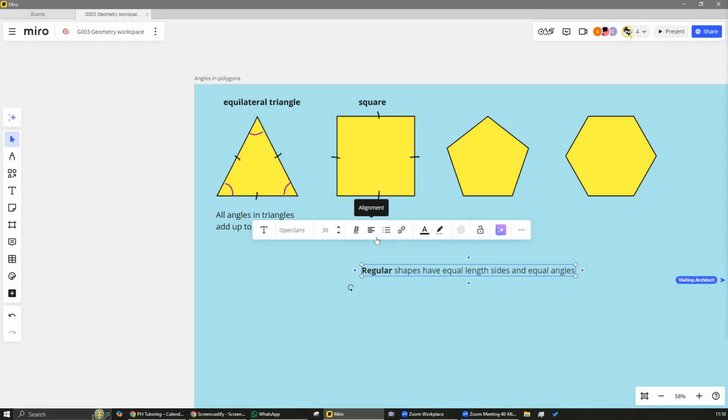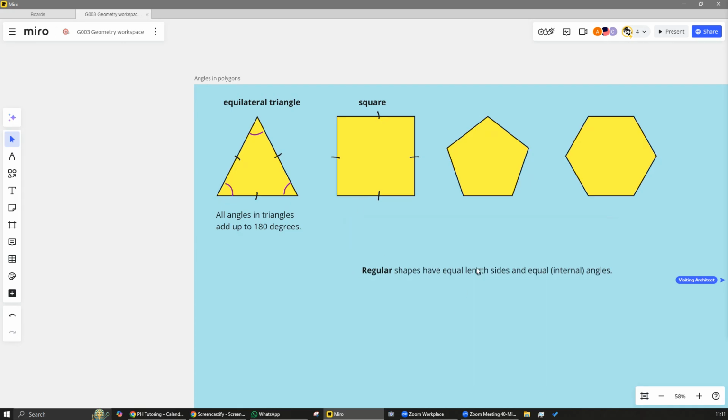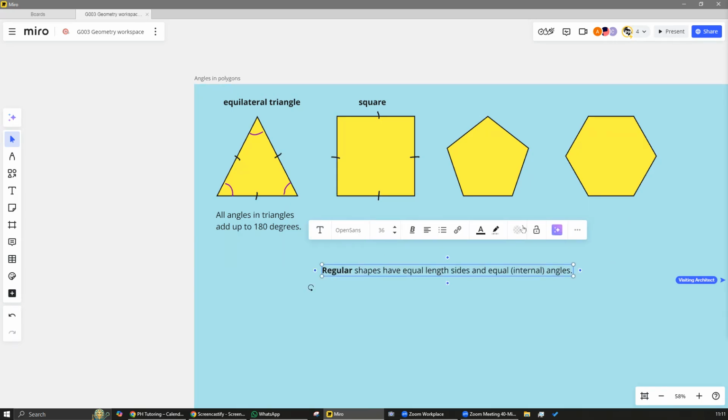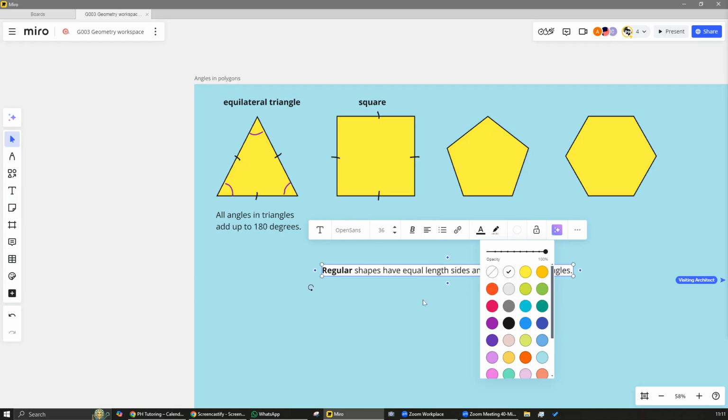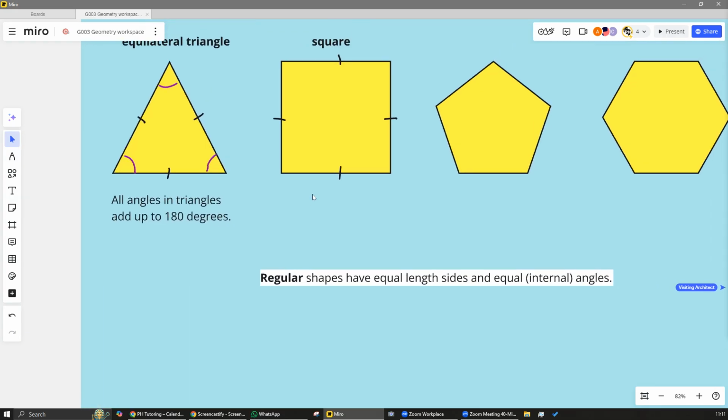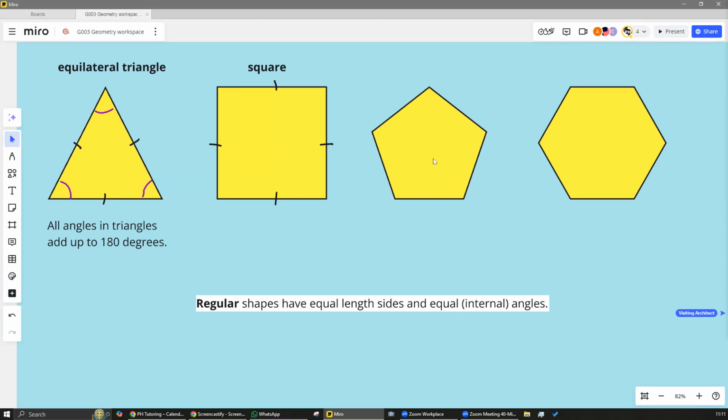We can refer to the angles that I'm talking about there as internal angles. I'm going to put internal in brackets, actually, because generally speaking we don't use the word internal in that way. If I say angles in a triangle, I think everybody knows what angles I'm talking about. So we don't usually use the word internal.